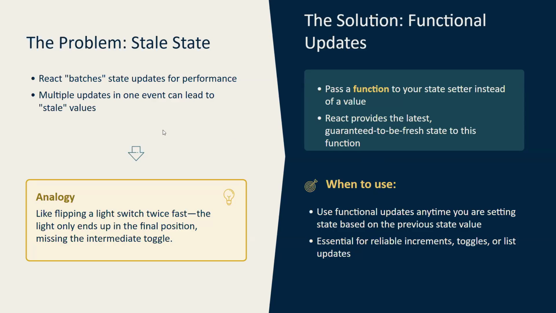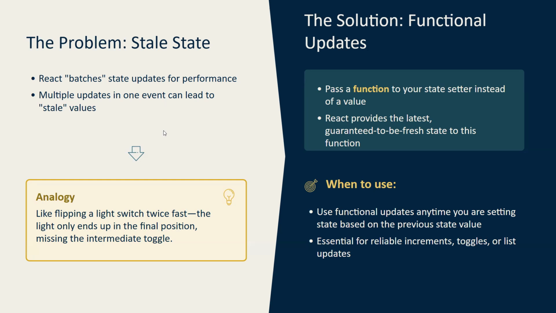Otherwise, both updates would use the same value of count, so the result only goes up by one instead of two. That's why the safer pattern is a functional update, where we pass a function into the setter instead of a value. React will give that function the latest, guaranteed state value, which is freshly updated.